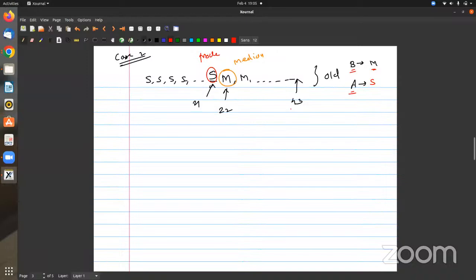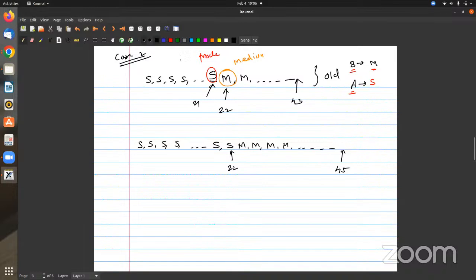And if I add these two guys into this existing data set, what will happen? S will go up to 22, right? And M will go from here, it will have 45.